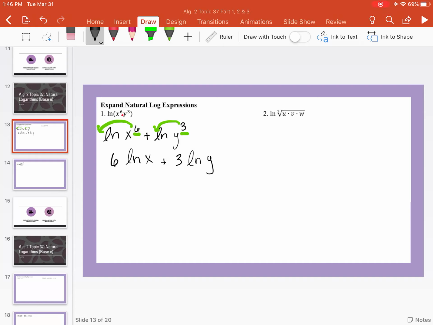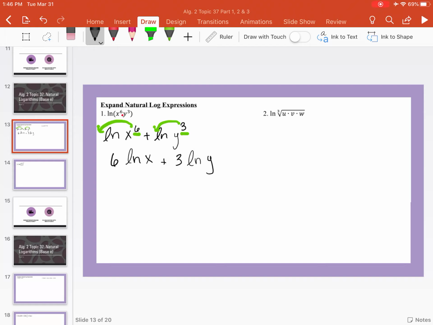Moving on to the next example, ln of the cube root of u, v, w. Now what I first want to think about is what is another way that I can rewrite this. Maybe using an exponent.